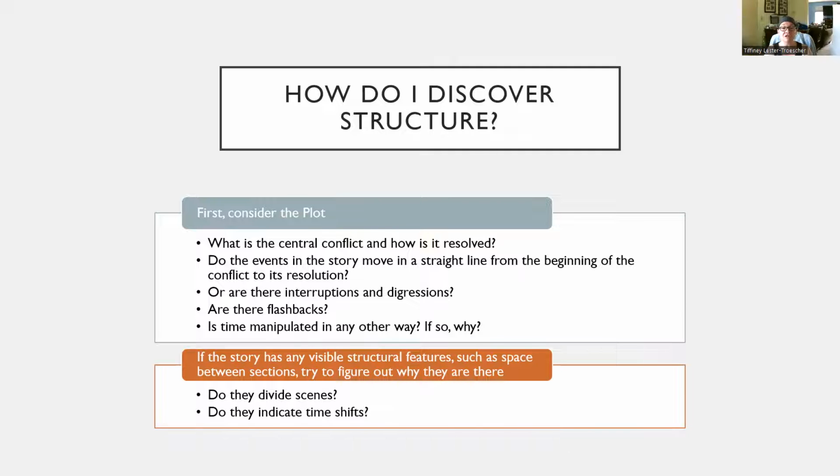Or maybe a TV show. A TV show will use a flash forward sometimes, where the show begins at the climax, right? When the bad thing happens, or maybe right afterwards, maybe the falling action, where we start the show in the immediate aftermath, right? And we really have no idea what's going on.